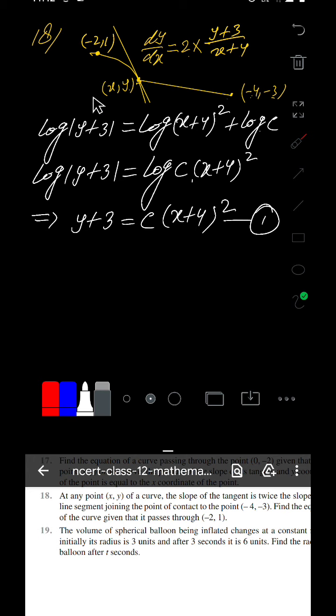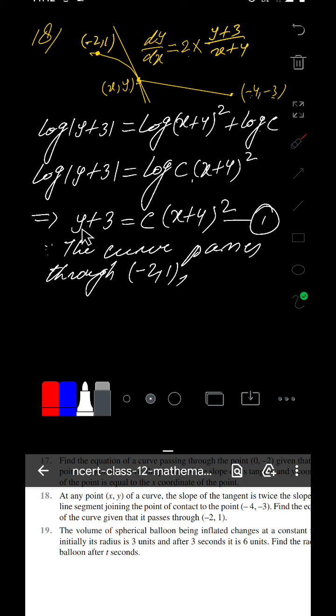Now as given, the curve passes through the point minus 2 comma 1. So this point must satisfy the equation of the curve. Putting y is equal to 1 and x is equal to minus 2 in this equation, we have 1 plus 3 is equal to c into minus 2 plus 4 whole square.